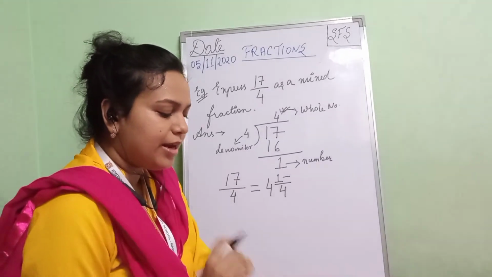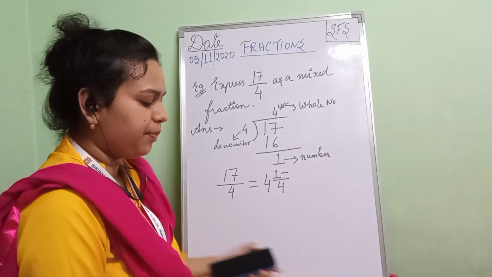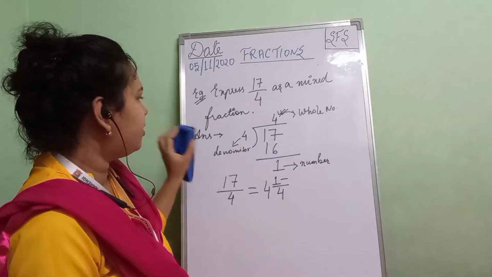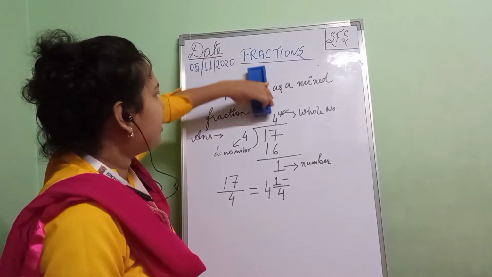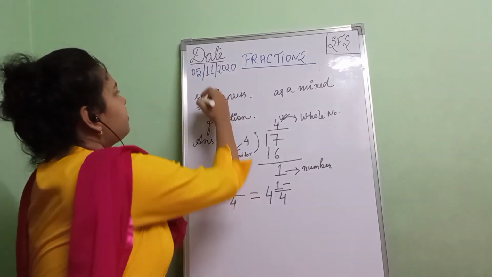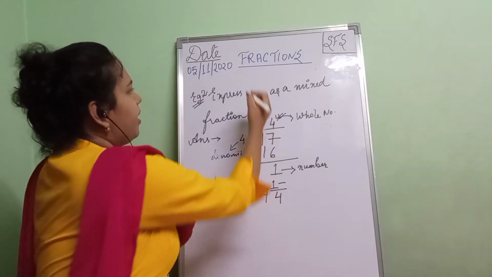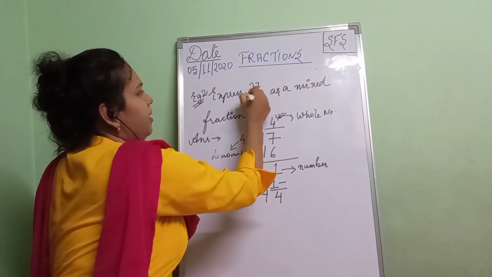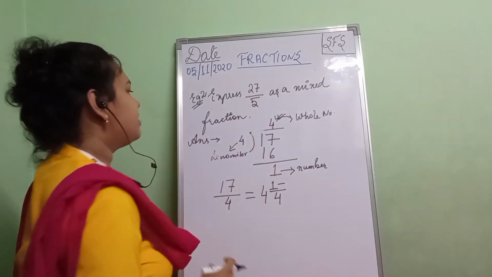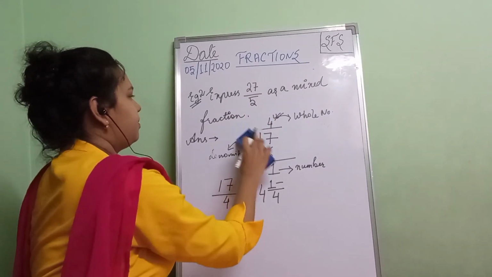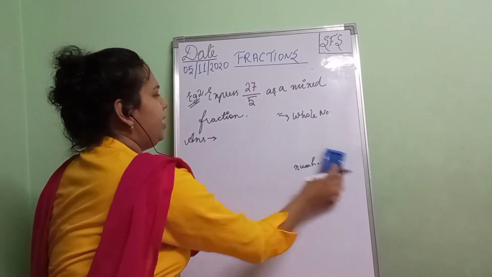Let me give you another example. Express 27 by 5 as a mixed fraction. Okay?